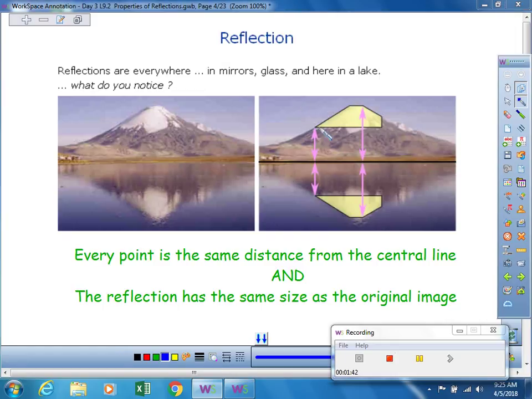So if you have this point right here, it appears to be the same distance as this point to the line. And the same like up here. This point to the line is the same as this point to the line. And the reflection is the same size as the original shape. So this appears to be the same size.